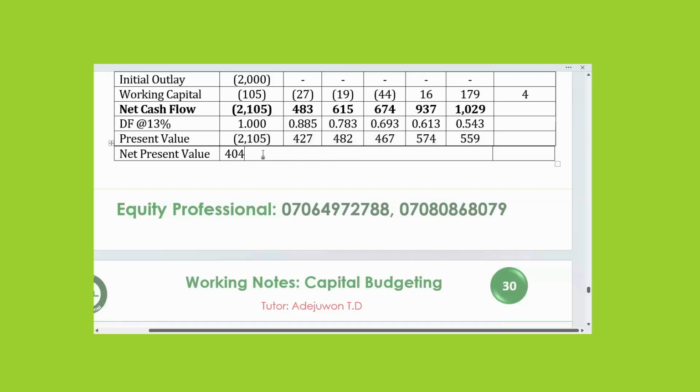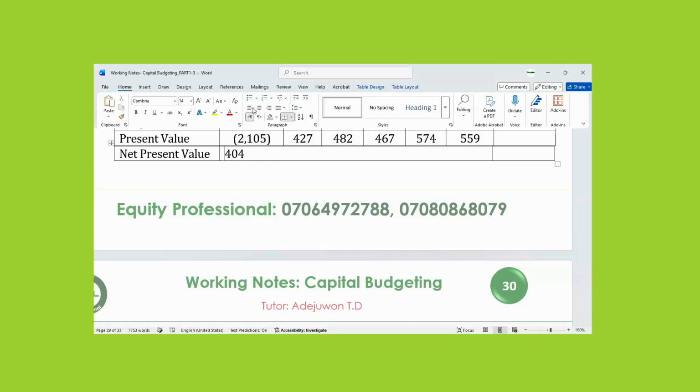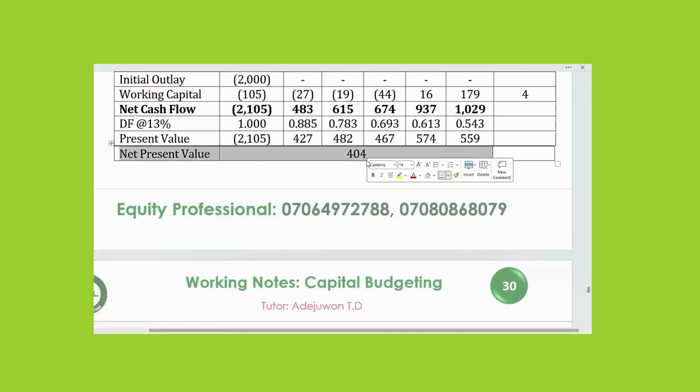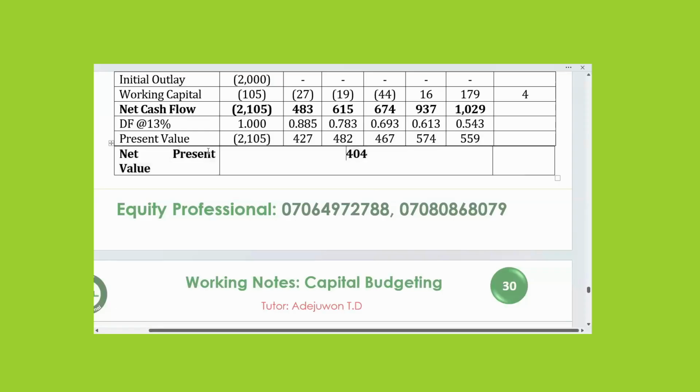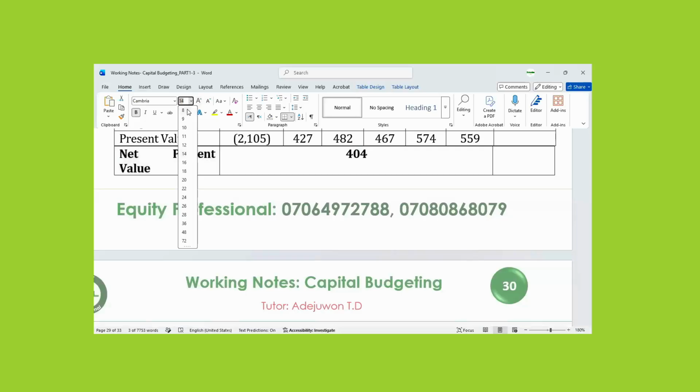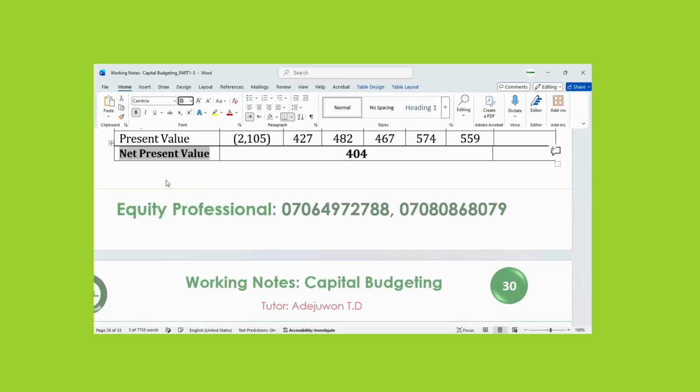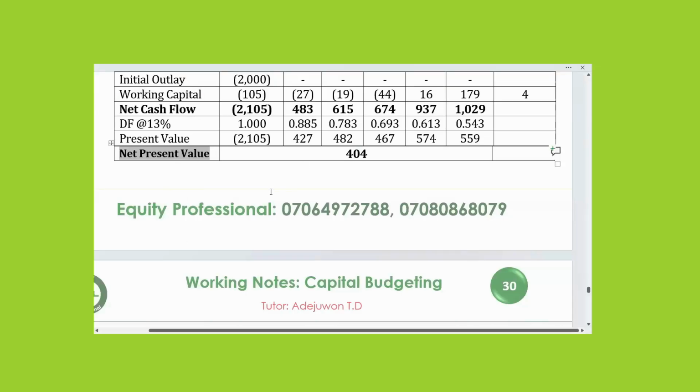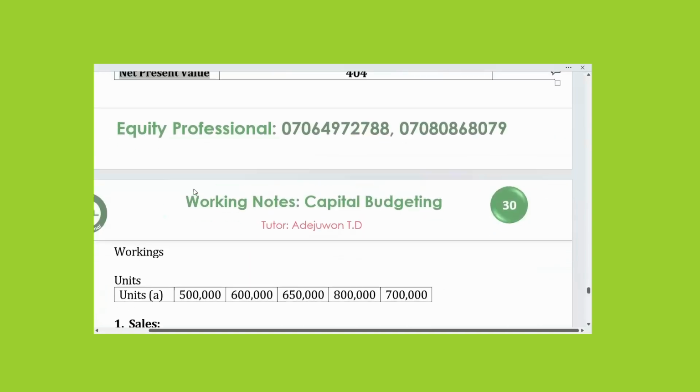That's our NPV. We then need to comment. Our net present value is 404 million naira.